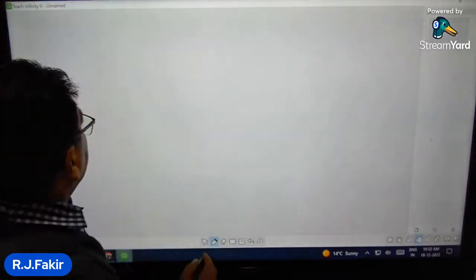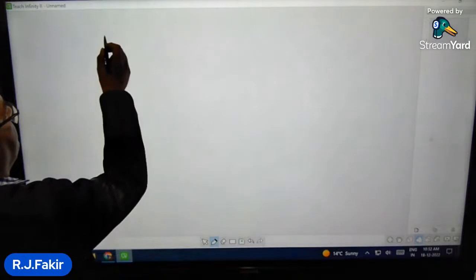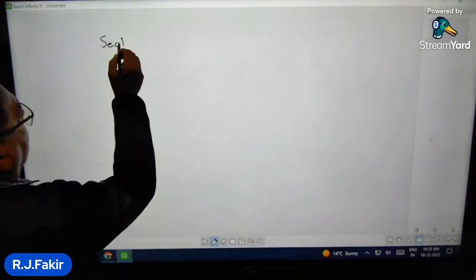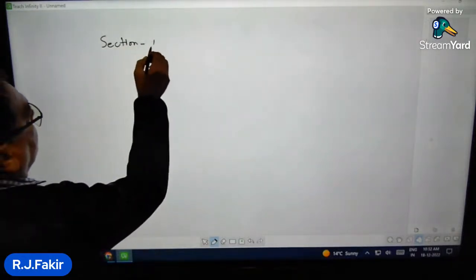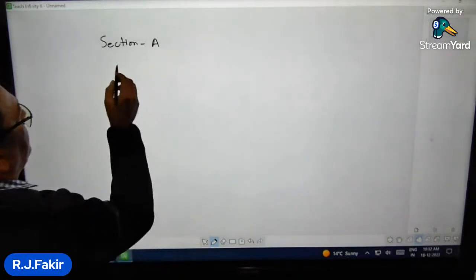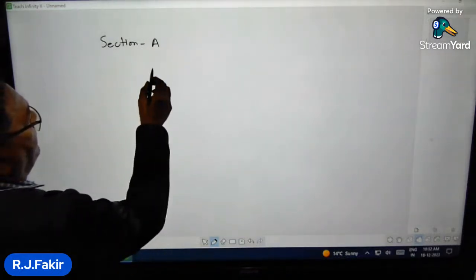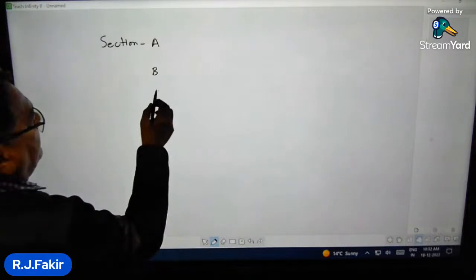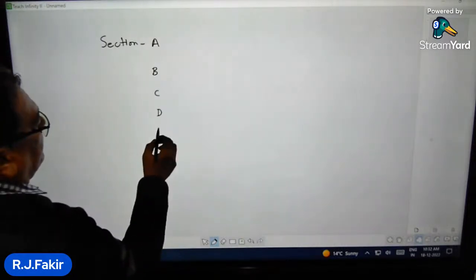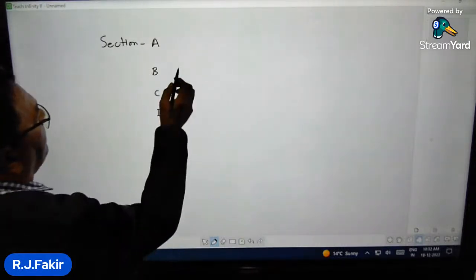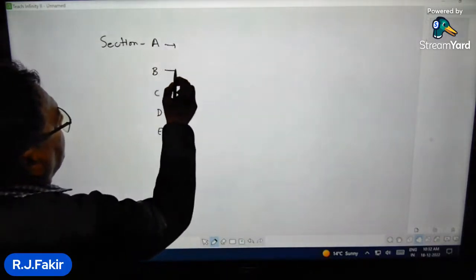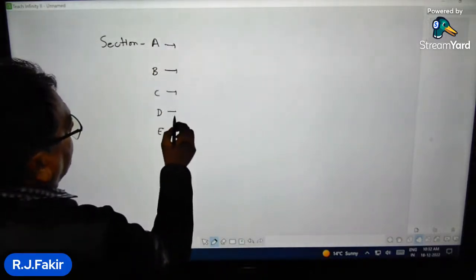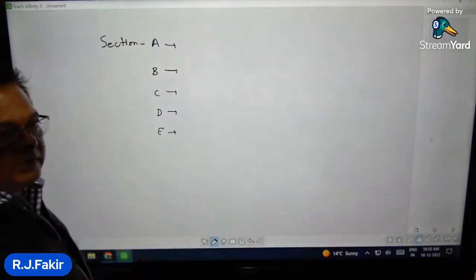Now there will be first section, that is section A. Then you have section B, C, D and E. So in total there are 5 sections.